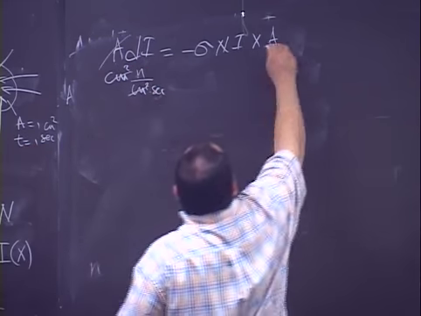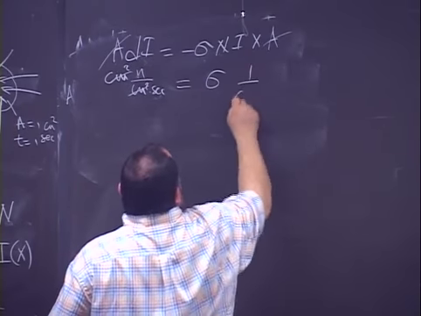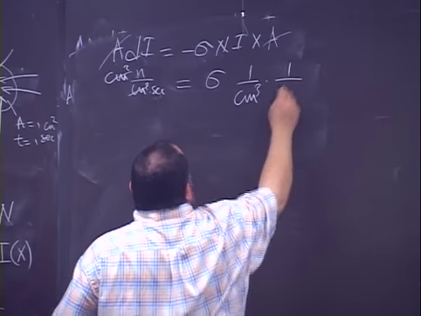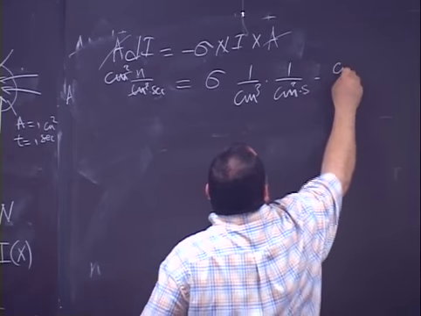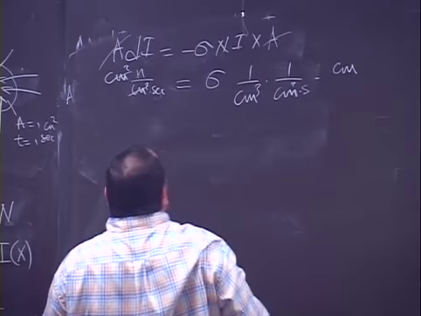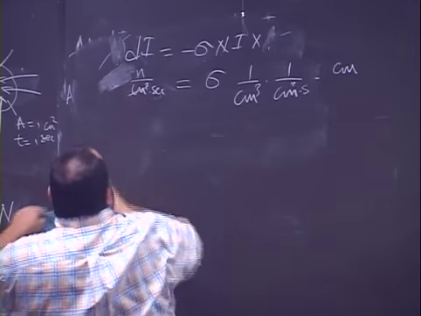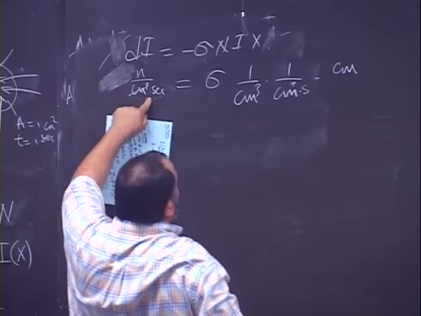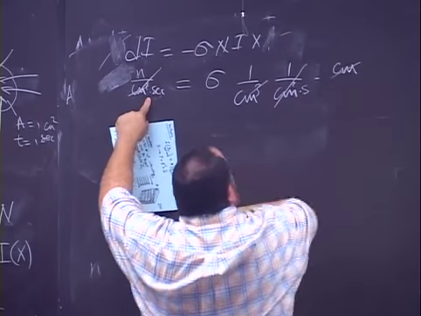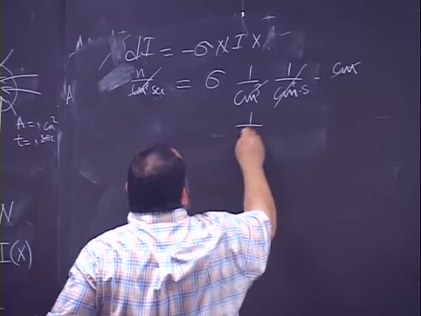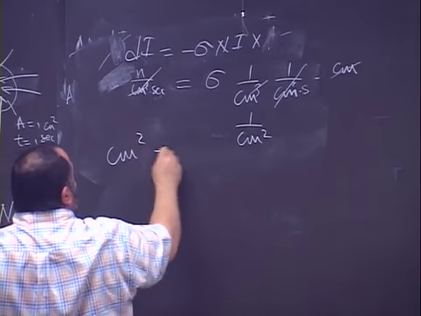So A will go with A, and you will end up with sigma multiplied by number. This is 1 over centimeter cube. This is 1 over centimeter square per second, and this is centimeter here. So when you remove the area from here and you remove area from here, you will end up with number per centimeter square per second. Will go with number with centimeter square per second, and centimeter will go with centimeter cube, and this will give you 1 over centimeter square. So the units of sigma will be centimeter square.